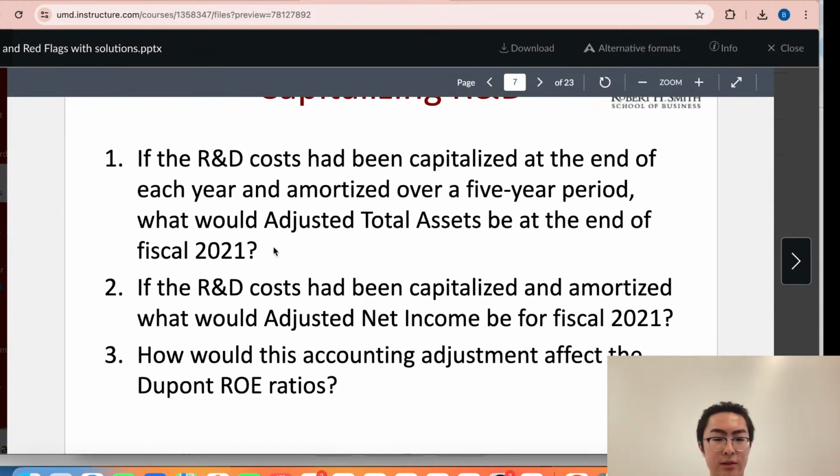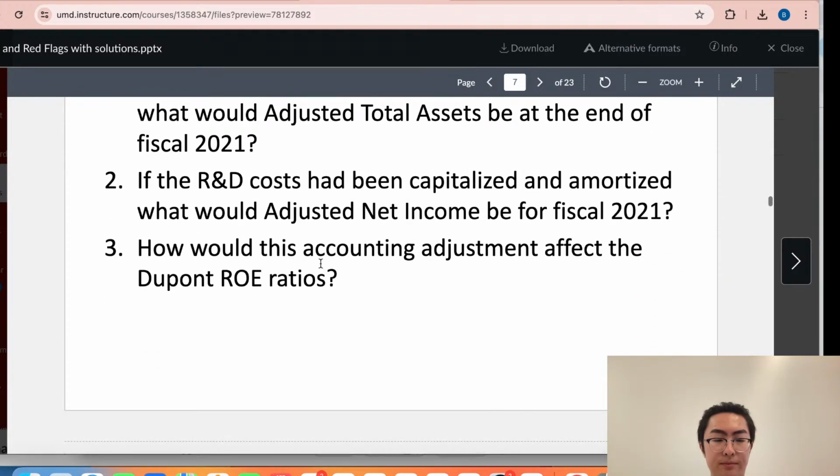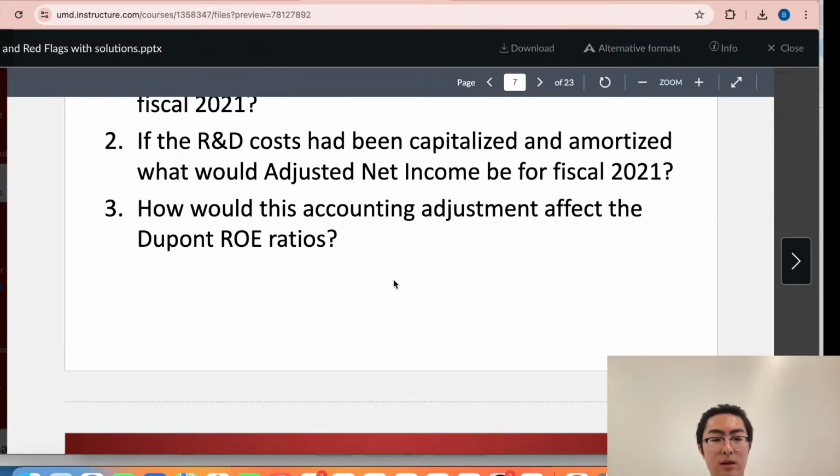And this is asking us to capitalize R&D at the end of each year, amortize it over a 5-year period. And then also, if R&D costs had been capitalized and amortized, what would adjusted net income be for fiscal 2021? How would these accounting adjustments affect the DuPont ratios?